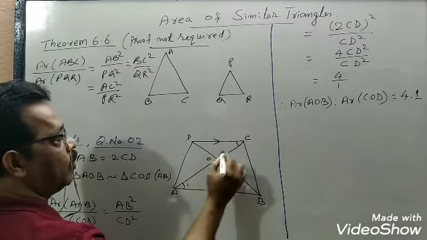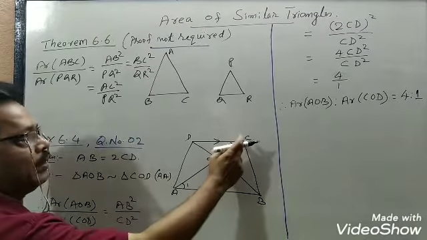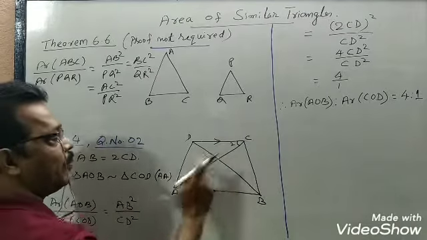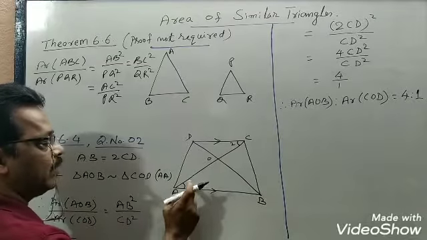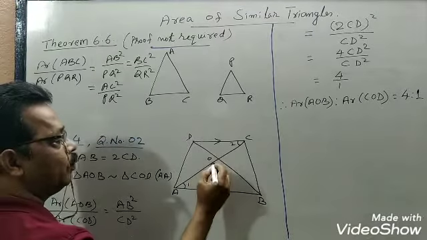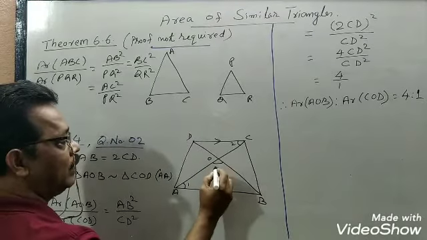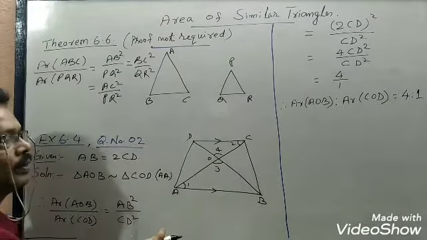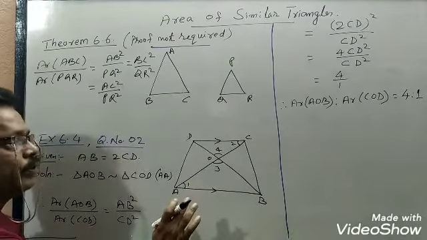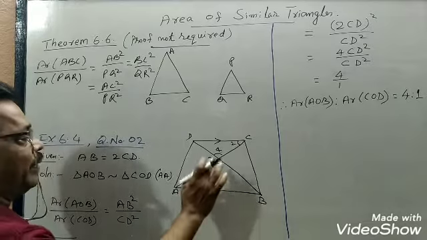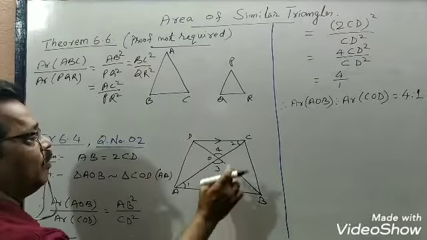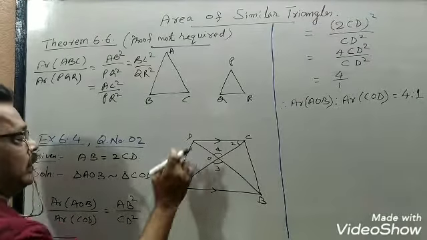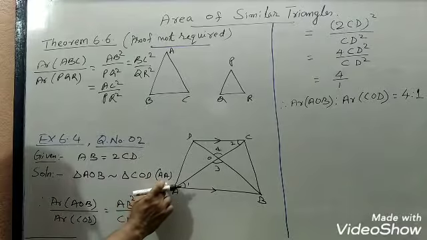So angle 1 equal to angle 2. Why? Interior alternate angles, AB parallel to CD and AC is a transversal. Now angle 3 is equal to angle 4, vertically opposite angles. So in this way two angles are proved. Triangle AOB is similar to triangle COD by AA similarity.